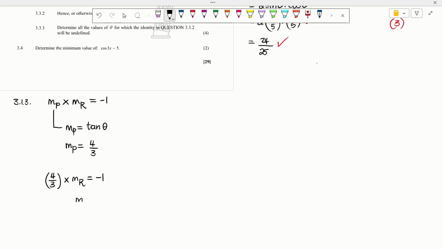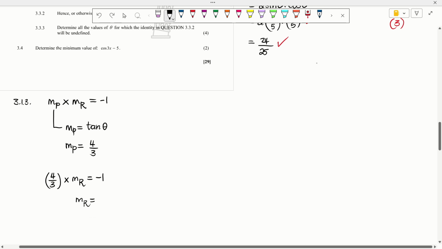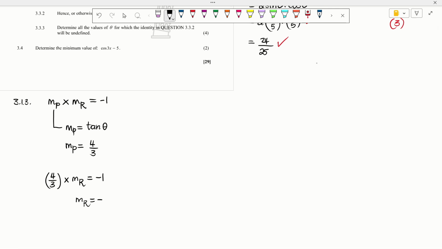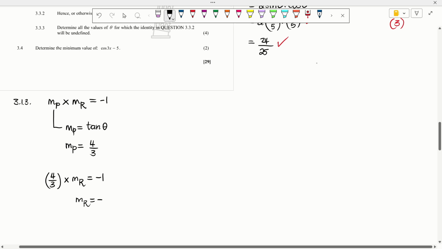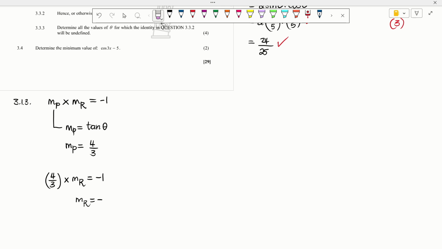So MR will then be how much? Negative something. What will be the value? Anyone who's quick with a calculator, I'll really appreciate your help today. Negative 7/3. Okay, I think maybe you added, but how we solve this is we divide both sides by 4/3, so that we take out this 4/3 and this side also divide by 4/3.